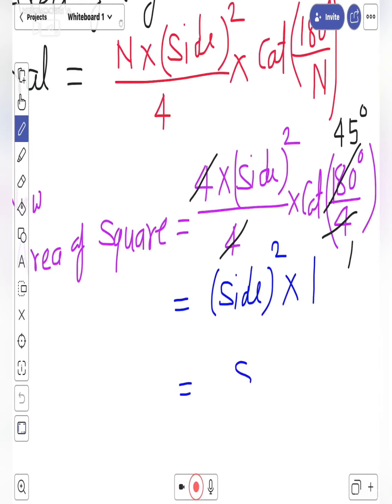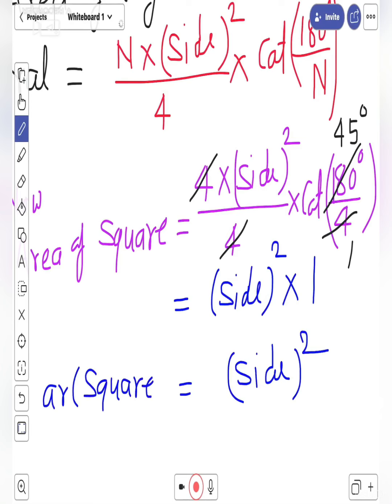So only side square. You already have to know this formula, that the area of a square is side into side, means side square.